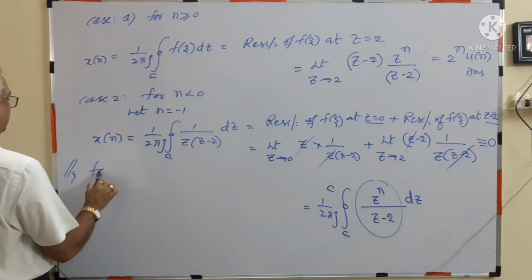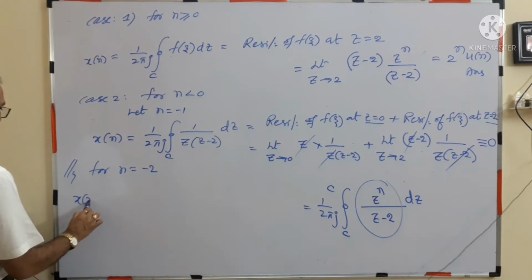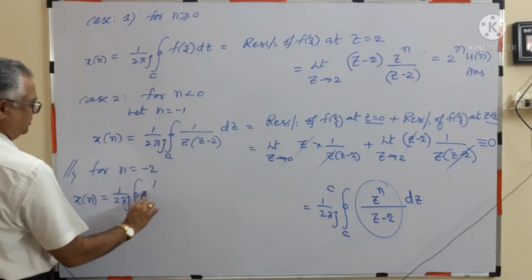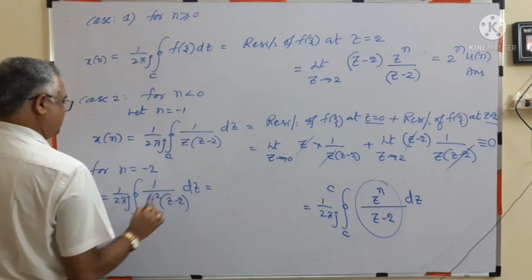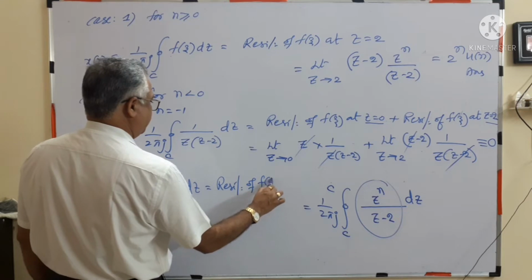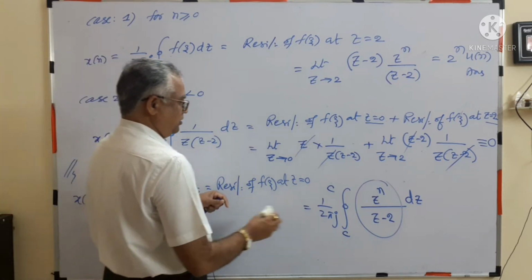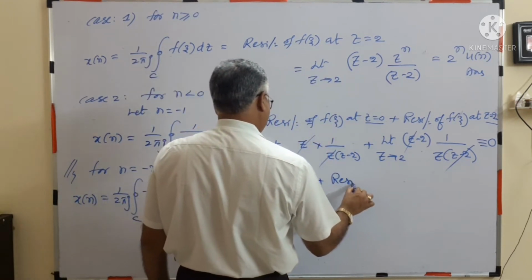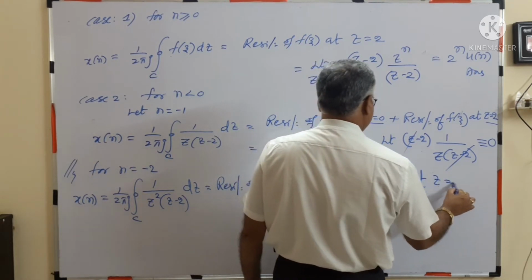Similarly, for n equal to minus 2, what is x of n? 1 by 2 pi j closed integral, here z square will come, z minus 2 dz, which is equal to residue of f of z at z equal to 0 plus residue of f of z at z equal to 2.